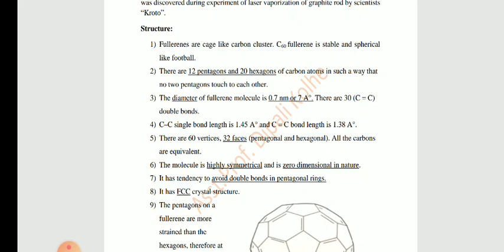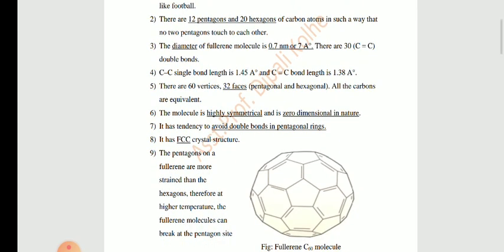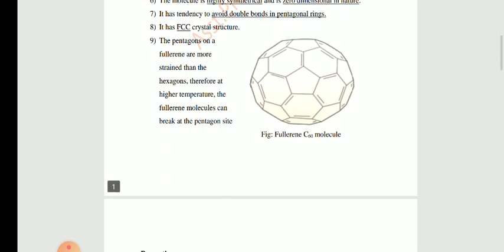The molecule is highly symmetrical and is zero dimensional in nature. It has a tendency to avoid double bonds in pentagonal rings. It has a crystalline structure. The pentagons on the fullerene are under more strain than the hexagons. Therefore, at higher temperature, the fullerene molecules can break at the pentagon site.